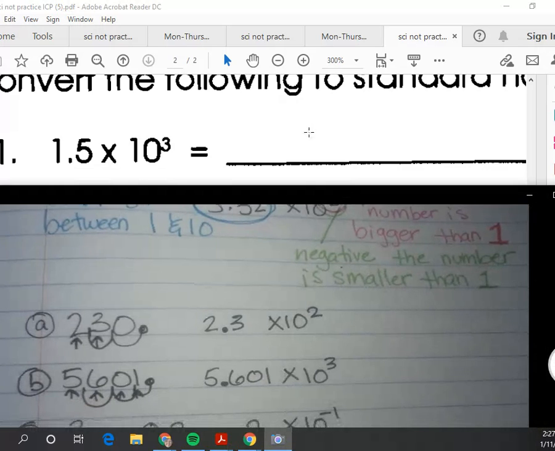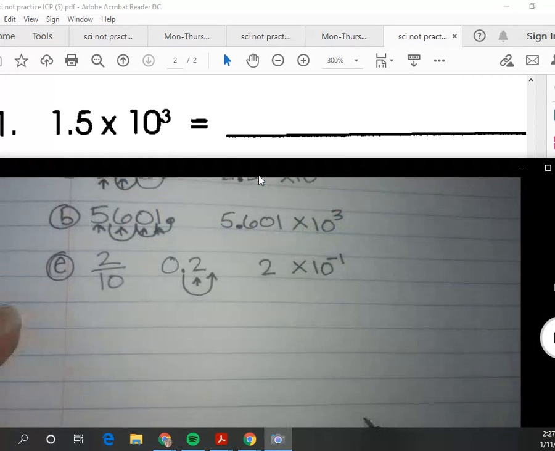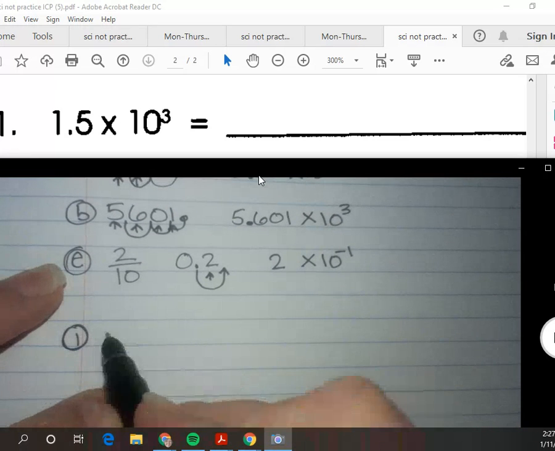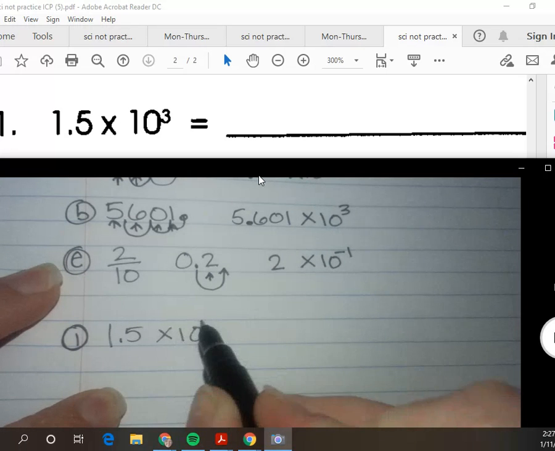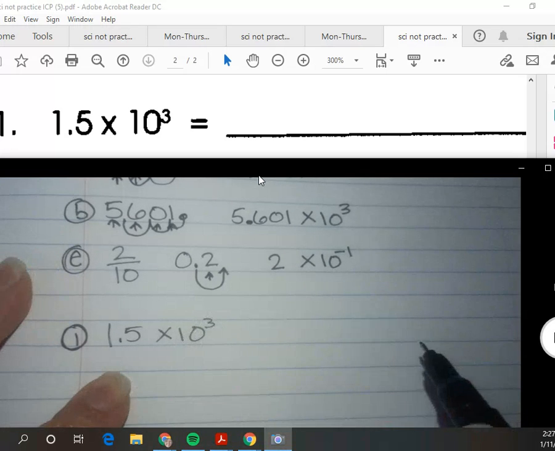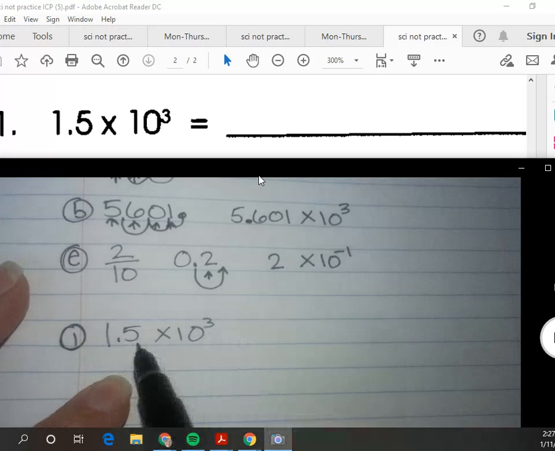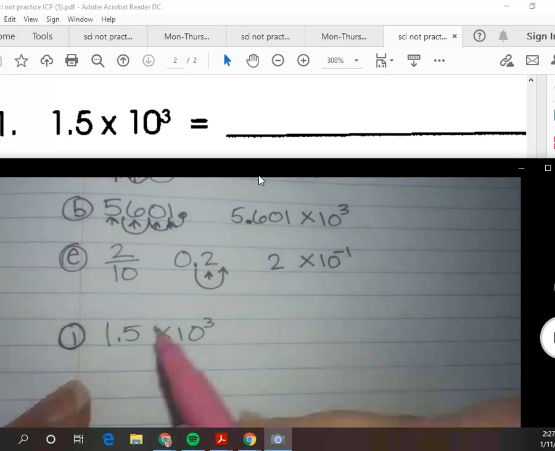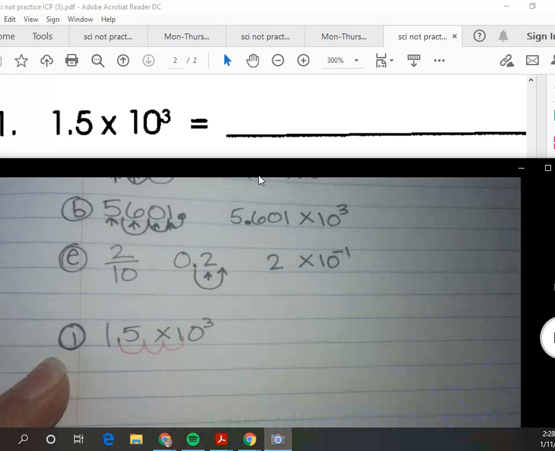I'm going to pull my notebook back over so that you can see my work. And in this case, we have 1.5 times 10 to the third. Okay, this is a +3. So is this a big number or a small number? It's a big number. So I'm going to move my decimal point 1, 2, 3 spaces.